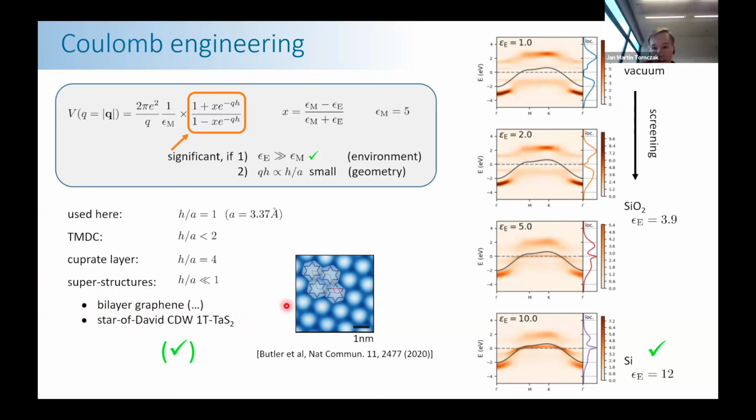So we are hopeful that there is a system that in realistic regions of the dielectric screening from the environment can be tuned to generate this insulator to metal transition.